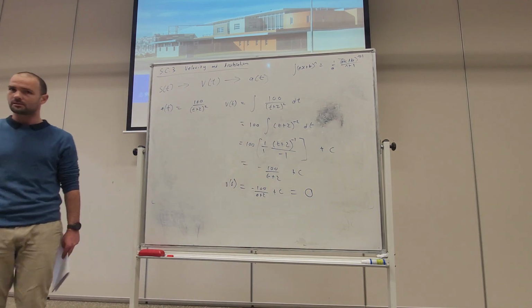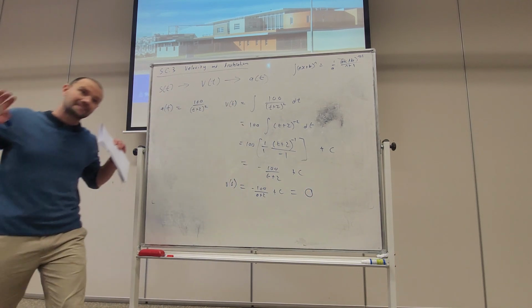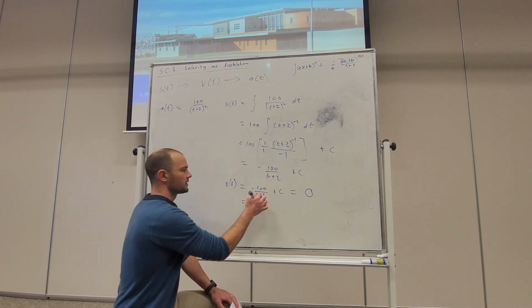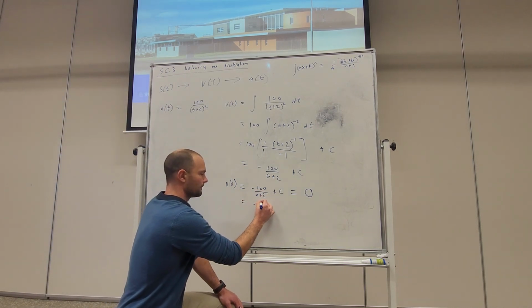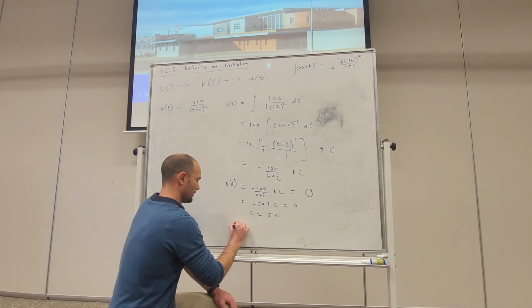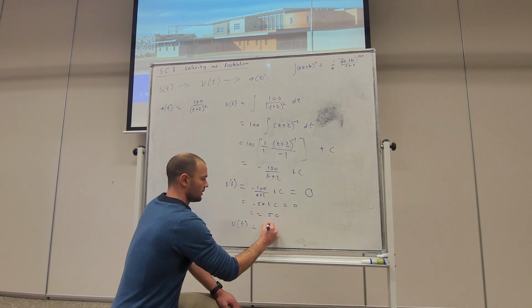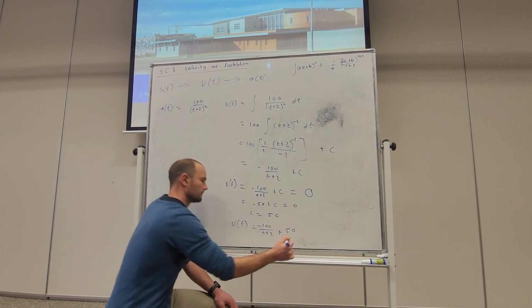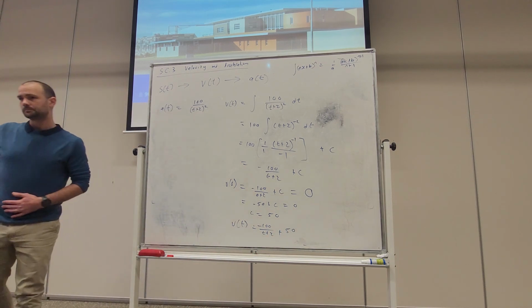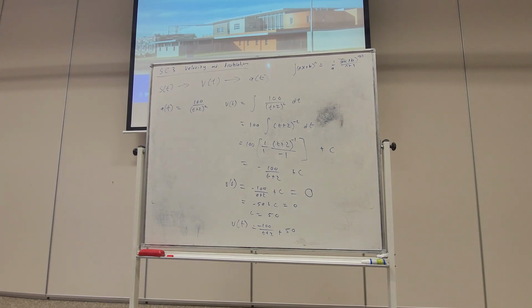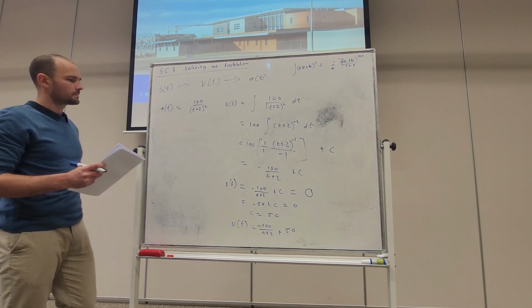When time is 0, the velocity function is equal to 0. And now we're just going to solve through for c. So we have a negative 100 on 2. We have negative 50 plus c. c is 50. So therefore the velocity function is minus 100 on t plus 2, plus 50. Okay. So that's part A.